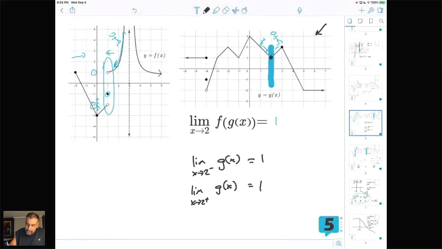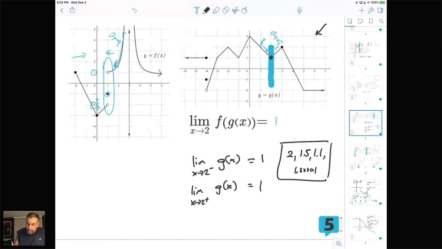In both cases, we're approaching 1 from numbers greater than 1. We're approaching 1 by going from 2 to 1.5 to 1.1 to 1.0001. So that's the key to understand how we're approaching this 1: from above, 2, and then working our way down to 1.